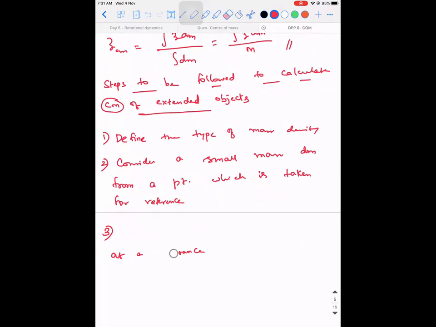Okay, one small correction: consider a small mass dm at a distance x from a point which is taken for reference. Then define dm in terms of mass density and x.